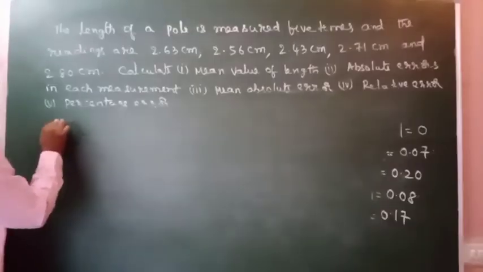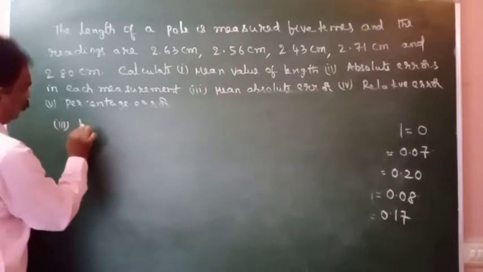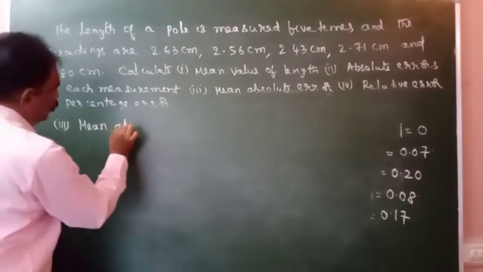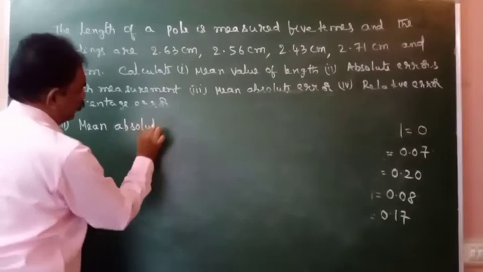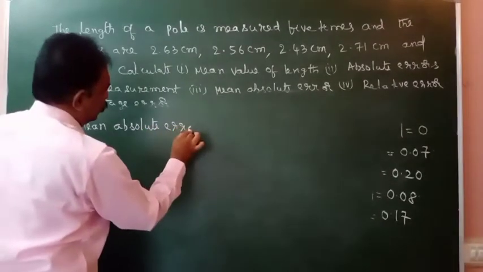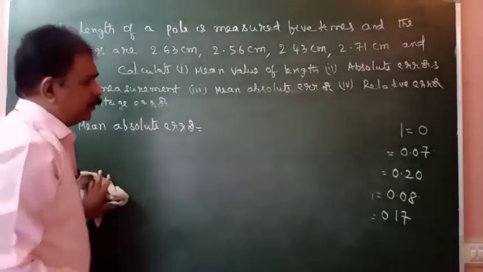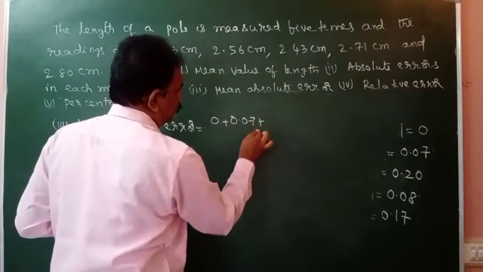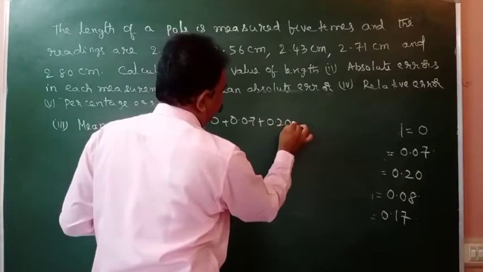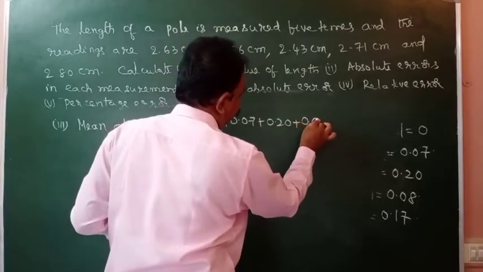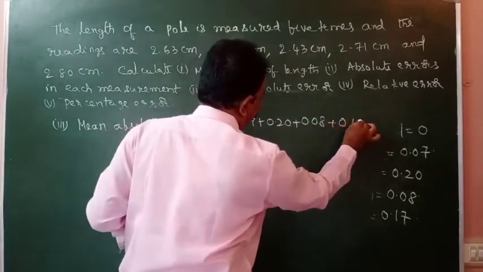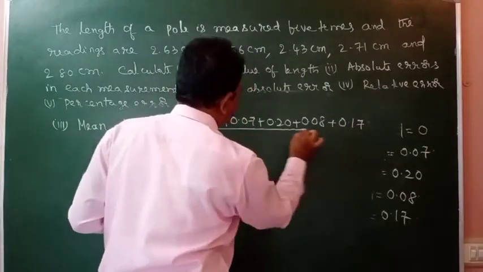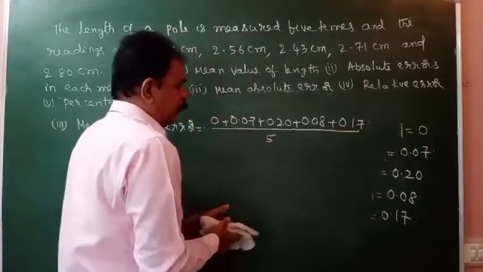Third one, mean absolute error. So first one will be 0, 0.07, 0.20, 0.08, 0.17, divided by 5.